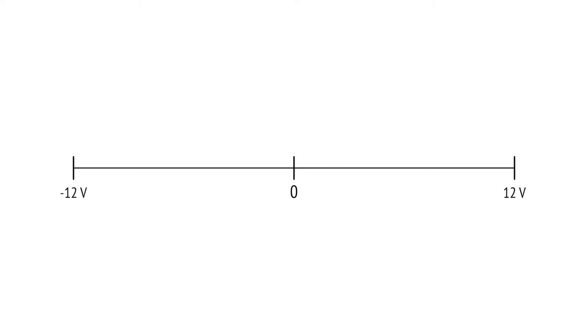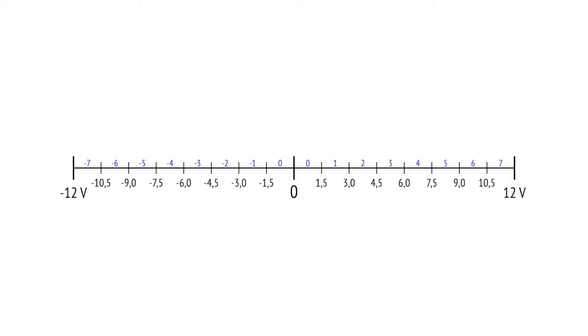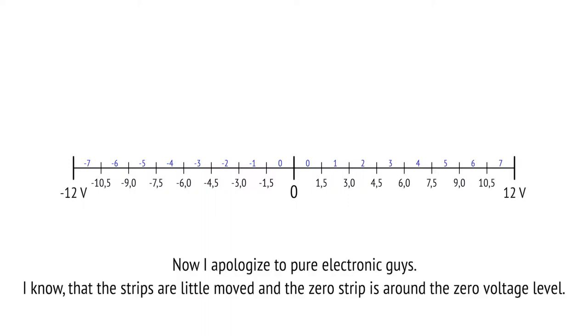Actually, the resolution is the number of stripes. For example, when the resolution is 16, then the measurement range contains 16 stripes. Now I apologize to pure electronic guys. I know that the stripes are a little moved and the zero stripe is around the zero voltage level.